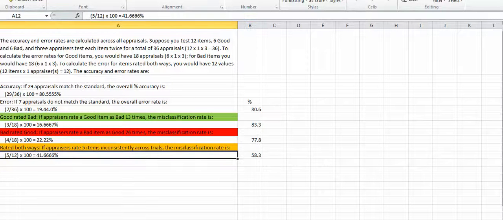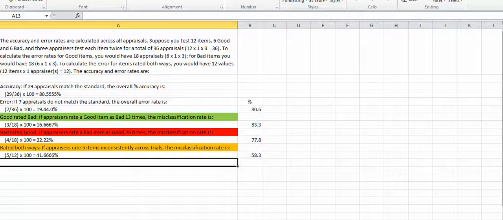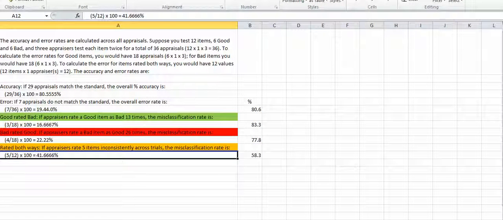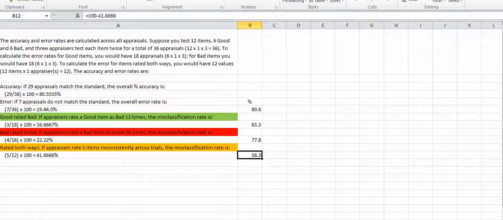If we look at the 12 trials, or 12 total number of parts were 12. From the totals, we missed 5 parts. Those 5 parts turn out to be the error of those 12 parts is 41% error, and acceptance would be 58.3, which is a kind of a low ratio of success.